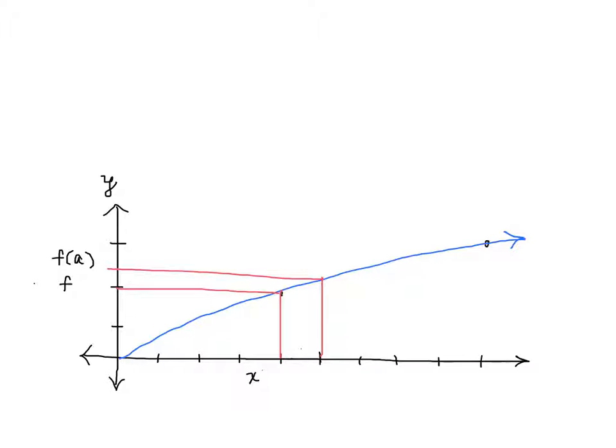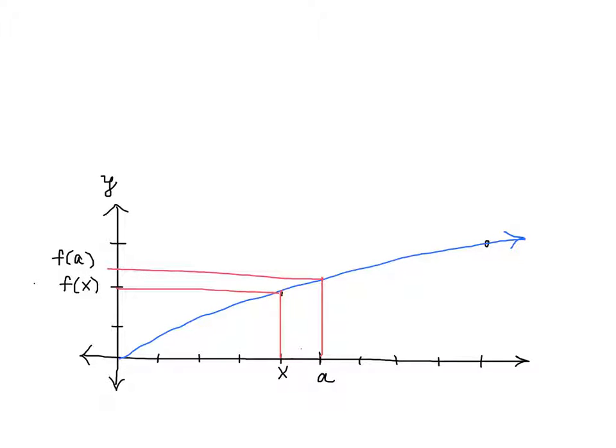But let's imagine that this is still f of x, and this is still x, and this is a, and that's f of a, but a and x are actually very close to each other. They're not one unit apart. They're really, really close to each other. Again, I used 4 and 9 to help me draw the curve so that it looked correct, okay?